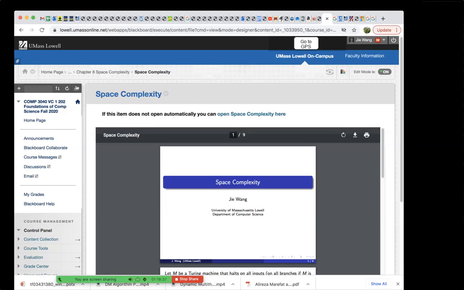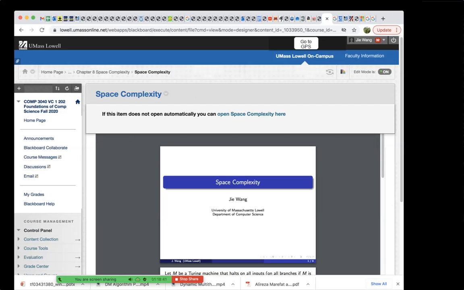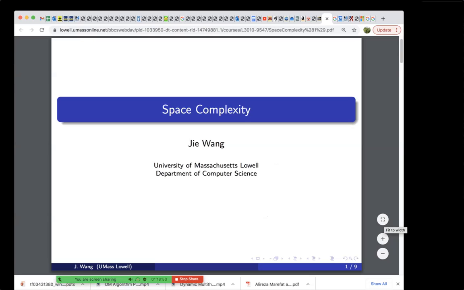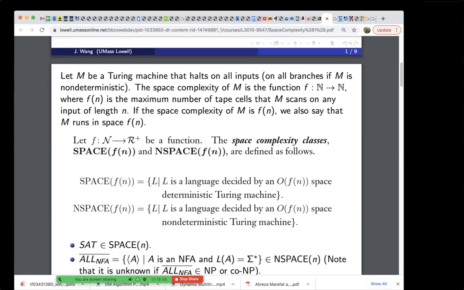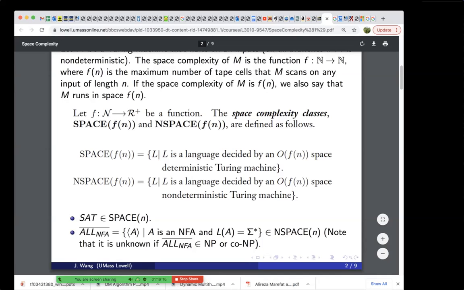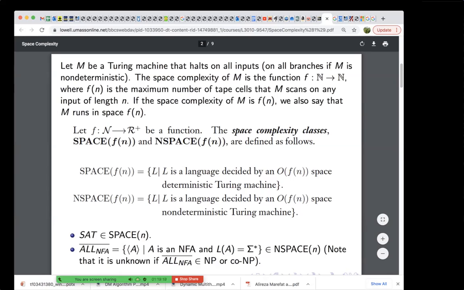We first look at the definition. It's similar to defining a time-bounded Turing machine, so we first define a space-bounded Turing machine. Let M be a Turing machine that halts on all inputs.